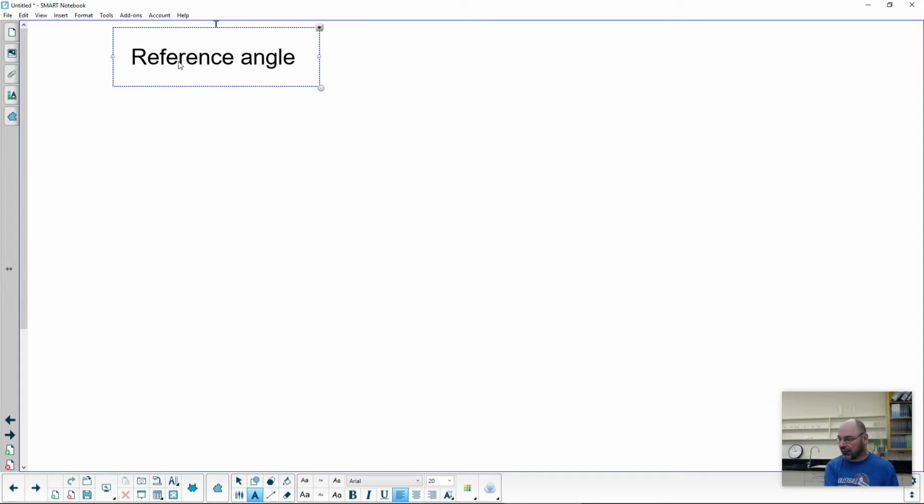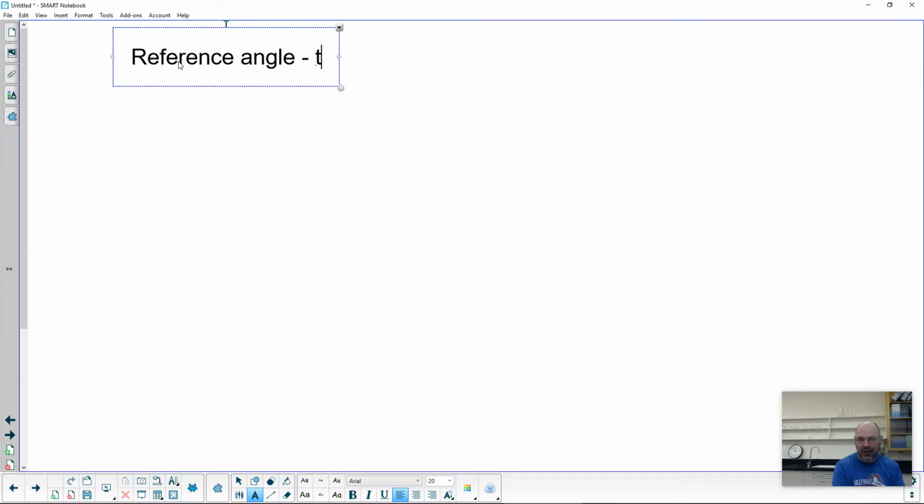It's simple. It's an angle that is in a particular quadrant where the initial arm is always on the x-axis and is measured to the terminal arm. I'll type that in here.